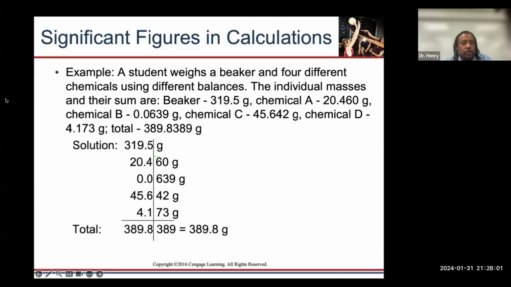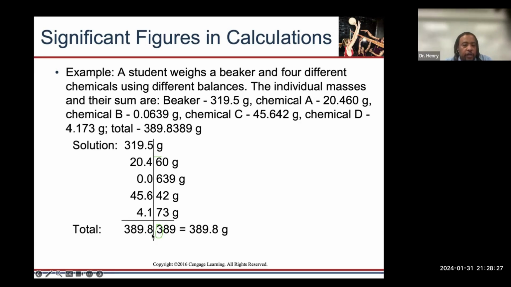Okay, and then we're going to take that number since they did all of the math for us. So our deciding point is right here, that 3. So based upon that 3, we're going to either round up or leave it alone and make these zeros. We're not going to mention them in this case because we want 4 sig figs.